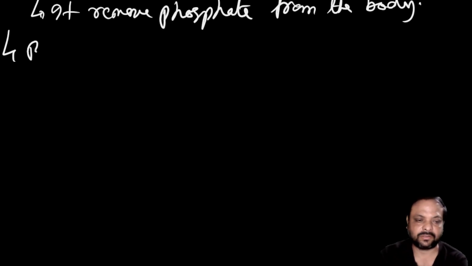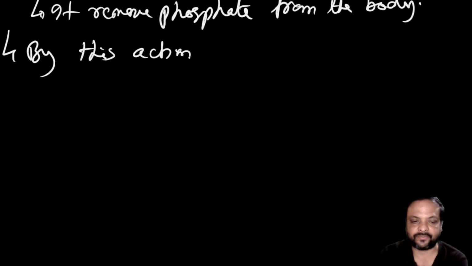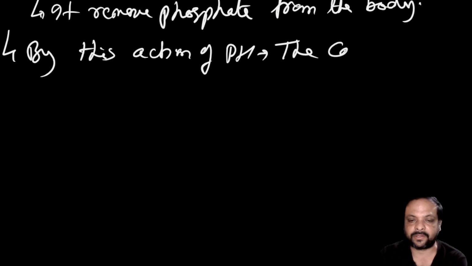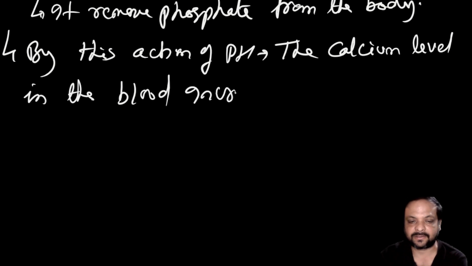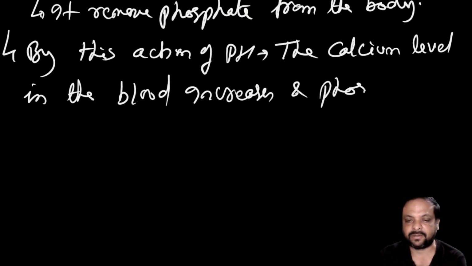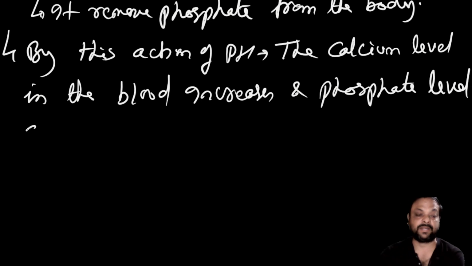So by this action of parathormone, the calcium level in the blood increases, and phosphate level decreases. And phosphate level, what happened? It decreases. Got it?